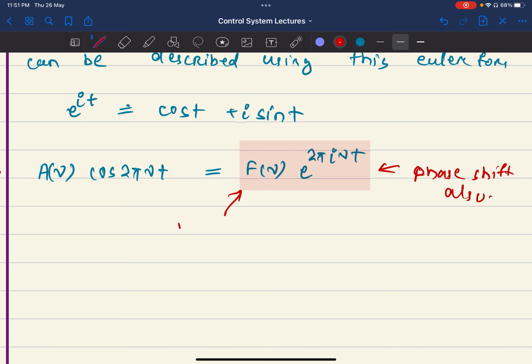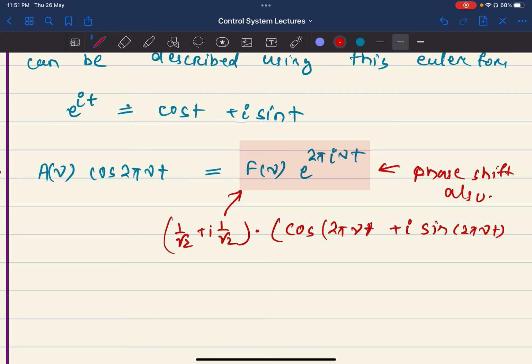So what does this value have? f of nu is 1 by root 2 plus I 1 by root 2, whole into cos 2 pi nu t plus I sin 2 pi nu t. So if I multiply it and rearrange the terms, you can verify the expression.